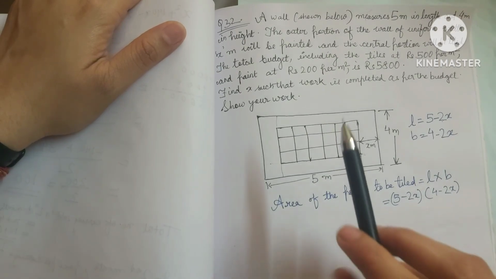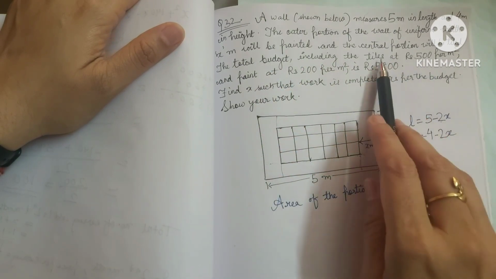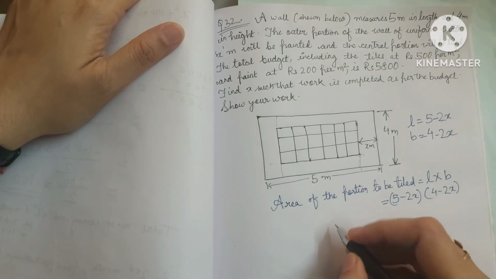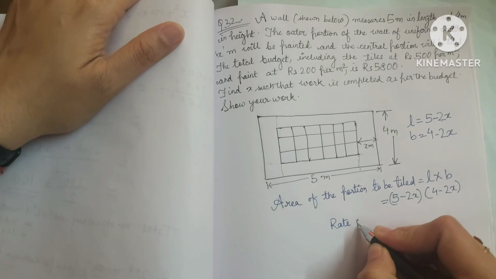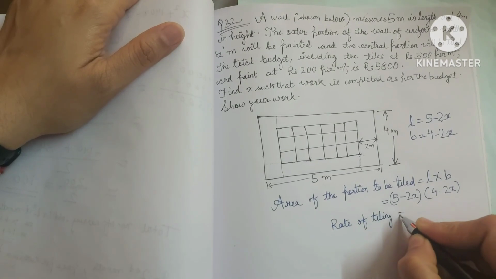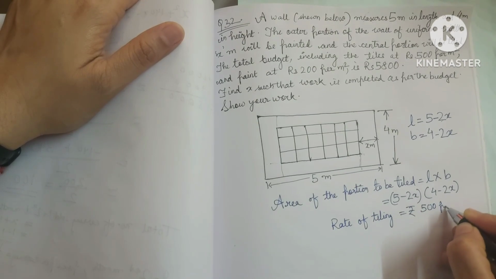Now what has the question said? What is the rate for tiling per meter square? It is rupees 500. So let me write the rate of tiling is rupees 500 per meter square.